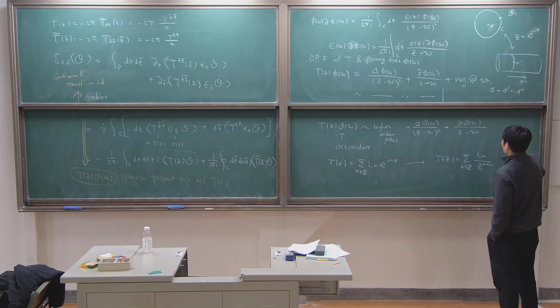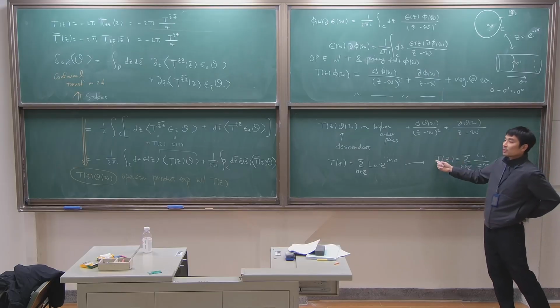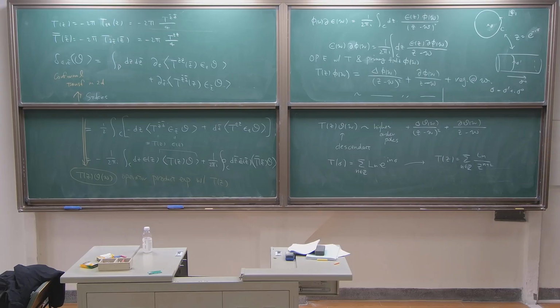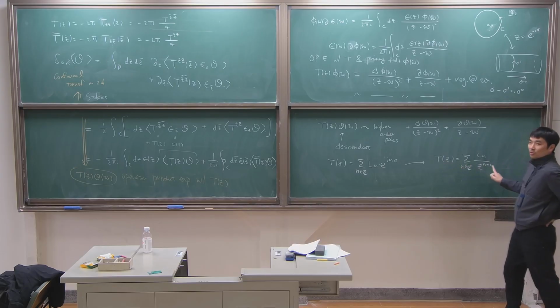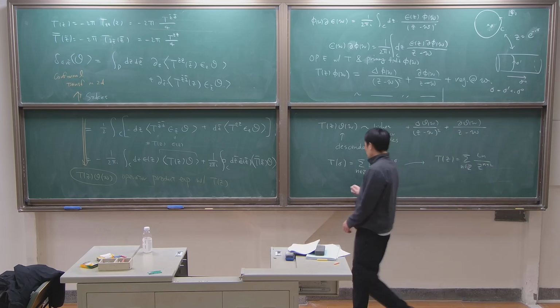As I mentioned, this plus 2 is really coming from the scaling transformation of t here. The scaling dimension of t is actually equal to 2, and then this shift of 2 is coming from this way.